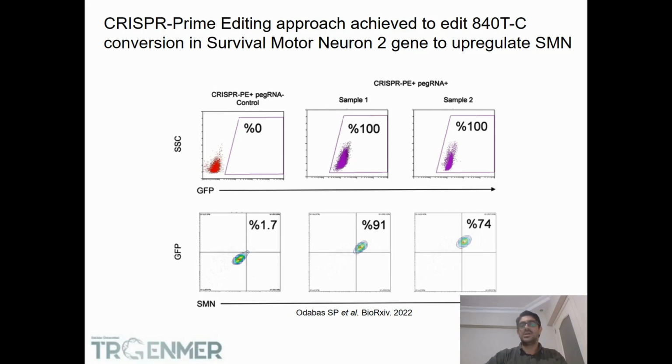And then we cloned the pegRNAs into those vectors, and after transduction of the cells, we followed up to 14 to 21 days, and we could show that the SMN protein, after changing single nucleotide sequences in the SMN2 gene, we could increase the protein expression from 1.7% up to 91%.